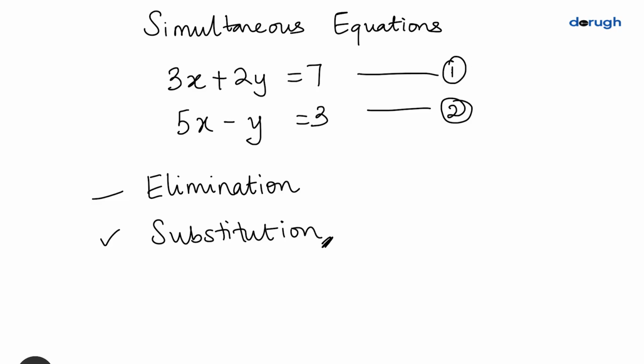Substitution method is easy when you have one of the variables without any coefficient. What is a coefficient? We have 3 in front of the x, 2 in front of the y, 5 in front of the x, and nothing in front of this y, which is like 1. So the coefficients are the numbers that come before the variables, and here we have 1y, which is the same thing as just y.